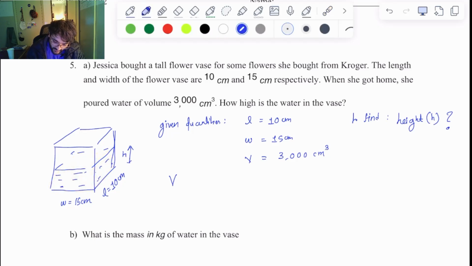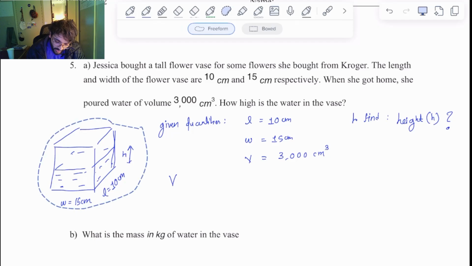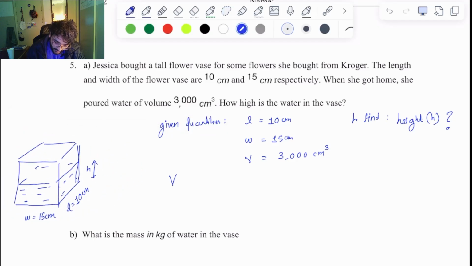We're just calling that h for now. But I'm only looking at this piece. Imagine I can just take out the water like that. Imagine this water freezes and I can take out that cube. So I'm looking at that cube, right? The volume is the volume of water which corresponds to that cube.